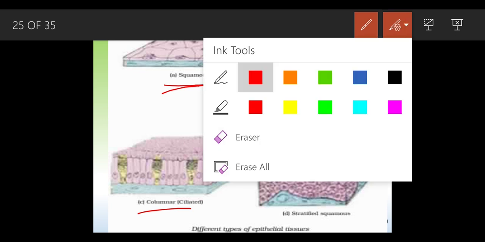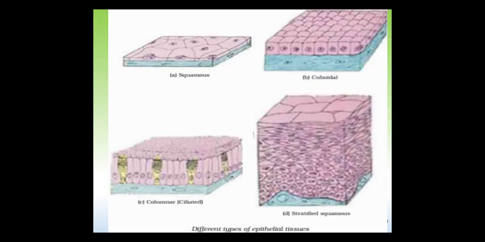If you look at this diagram perfectly, you will notice there are only small boxes, so that is why it is called cuboidal, and columnar cells take the shape of a building, so they are called columnar. And as they have the hair kind of structure on the top, it is also called the ciliated columnar tissue. And this is the stratified.